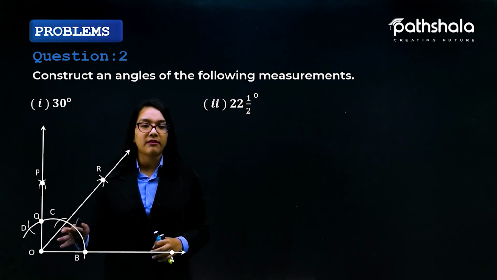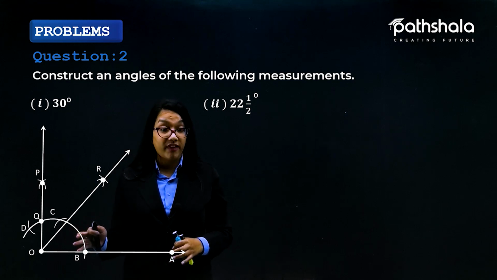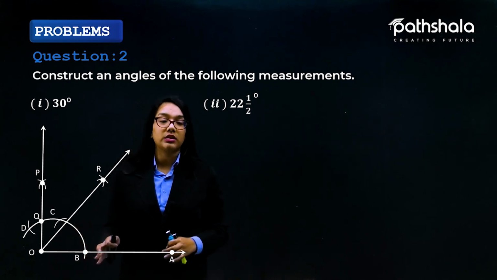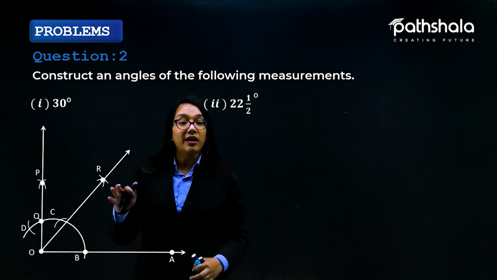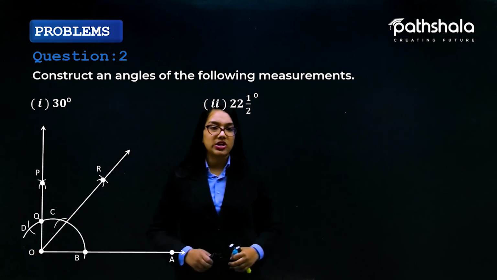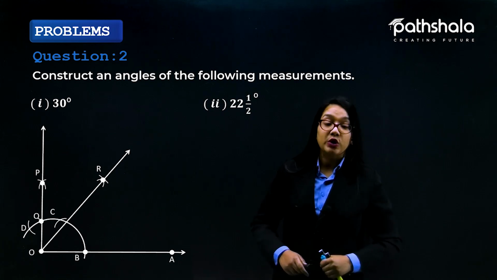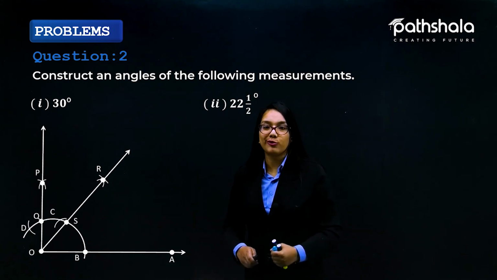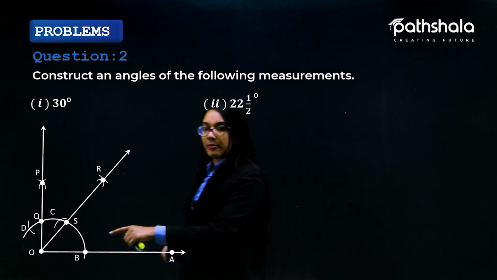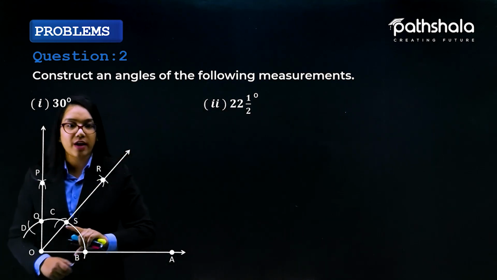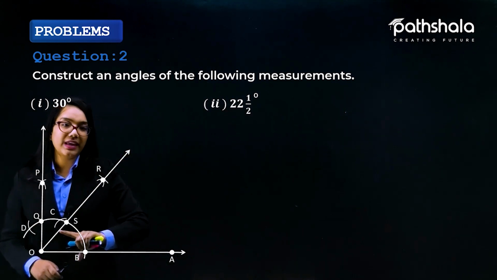But further we have to construct the half of 45, which means again we have to construct the angle bisector of the angle ROA. So let's again construct the angle bisector of ROA using the same concept. Let us suppose I'm calling this particular point S. So we have to use the compass again, taking BS.